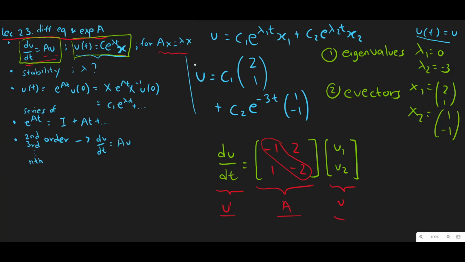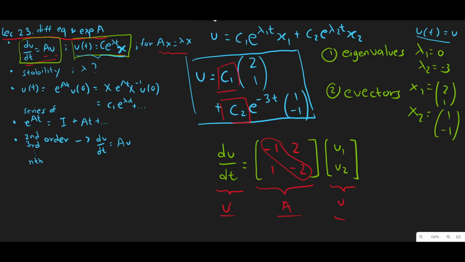Okay, cool. Now I have, well, not yet actually. I already wrote this down, but I still need to find the constants, the c1 and c2, the constants that accompany each eigenvector and the e to the power of lambda t. So how do I get that?